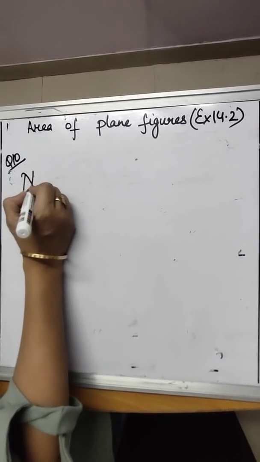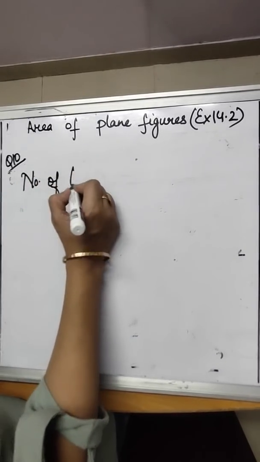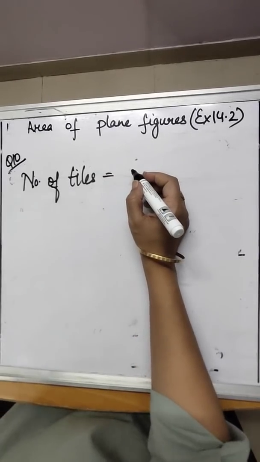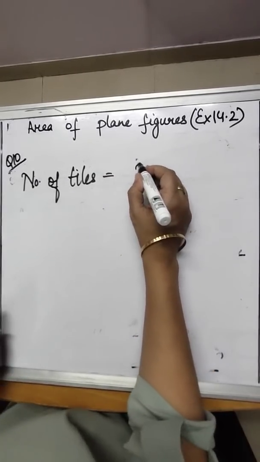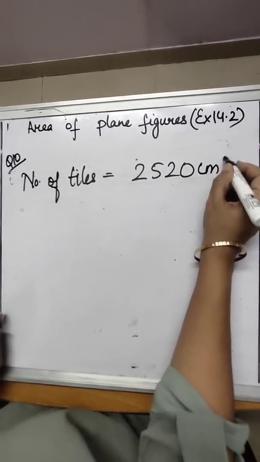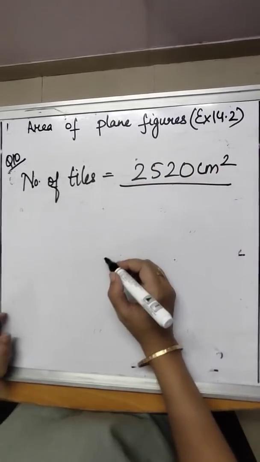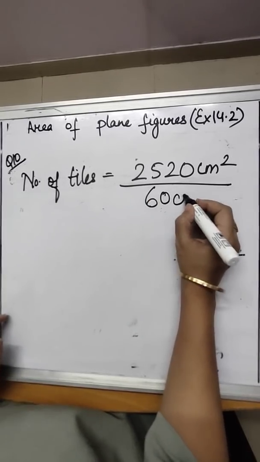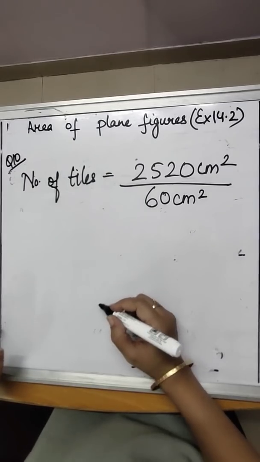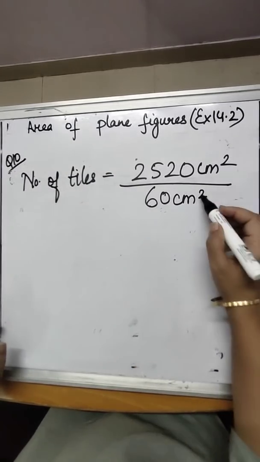Number of tiles will be the area of the rectangular region, meaning the entire value, divided by the area of one tile, which is 60 centimeter square. When we divide these two values, we'll get the number of tiles.